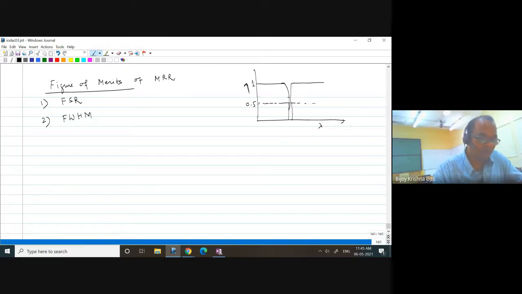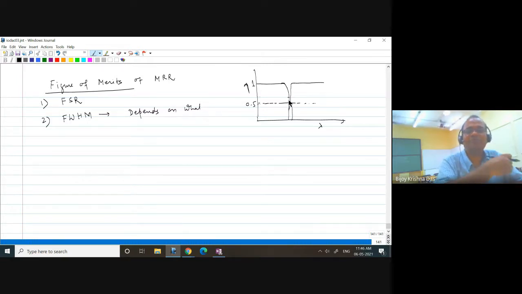Now, can you tell me what this FWHM, full width at half maximum, depends on? That is basically the normal resonance condition. In our ideal all pass configuration, a particular lambda will be resonant, and if you deviate from that, it is not resonant.